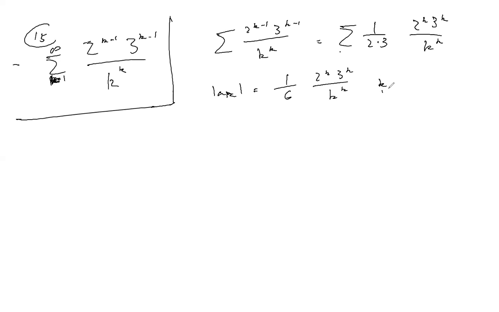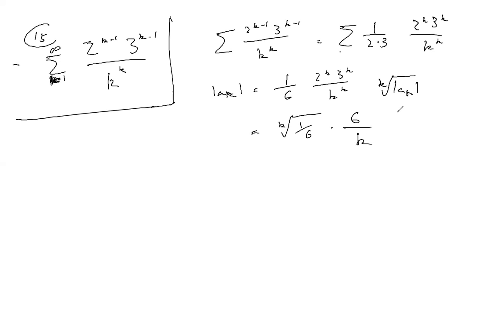So kth root of the absolute value of a_k, what's that? Okay, now I just take the kth root of everything. So that would be kth root of 1 over 6 times kth root of this. Okay, so now I take the kth root, the kth root and the power of k cancel and everything. So I would get 1 over 6, 2 times 3 over k. All right.